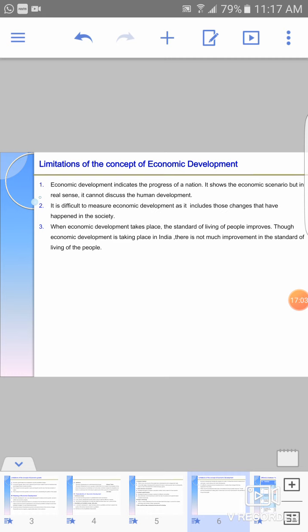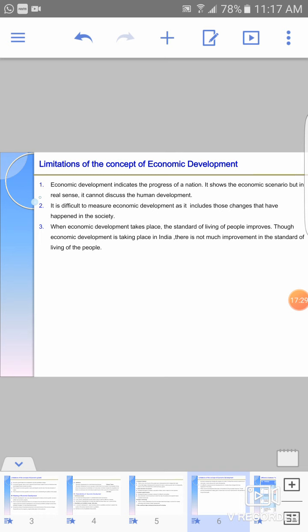What are the changes taking place in the society as a whole? When economic development takes place, the standard of living of people will improve. Though economic development is taking place in India, there is not much improvement in the standard of living of people. The standard of living has improved for the people of India, but not at an equal pace.